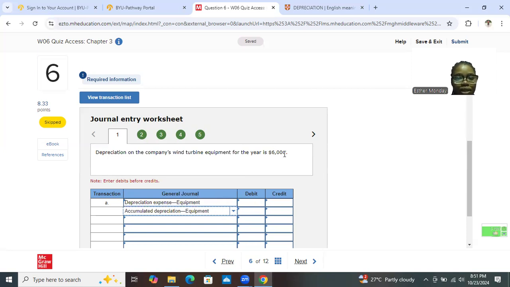Since it has already been given to us for the year as 6,000, there's no need of going back to use the straight line depreciation again. So we put the 6,000 here, and then the accumulated depreciation, equipment here in credit.